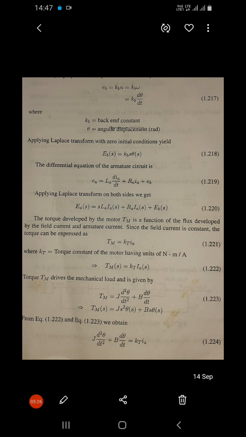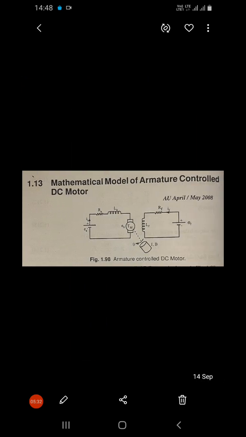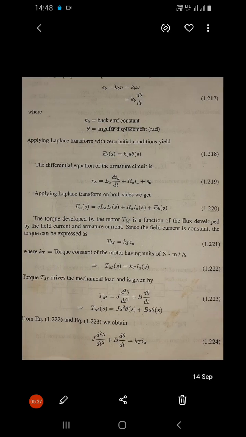Now see the differential equation of the armature circuit. See the left side circuit. From this circuit we can write equation 1.219, where E_A equal to L_A d i_a by dt plus R_A i_a plus E_B. Now we apply the Laplace transform on both sides of equation 1.219.